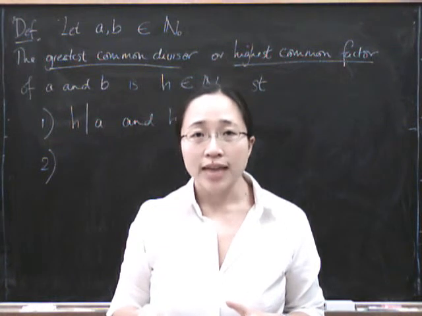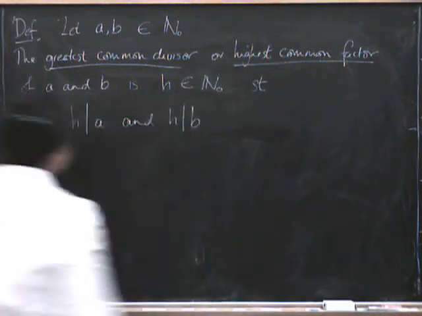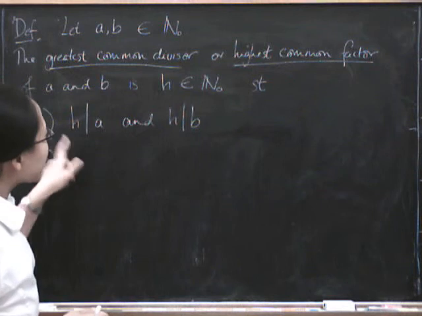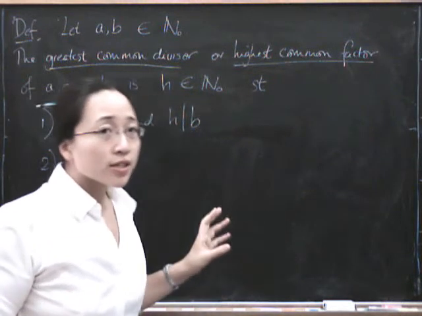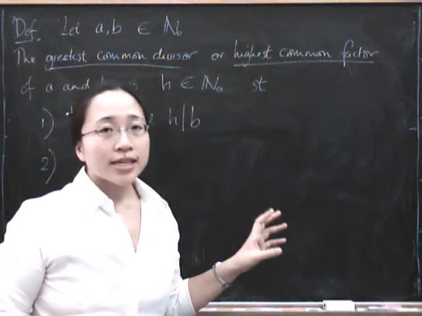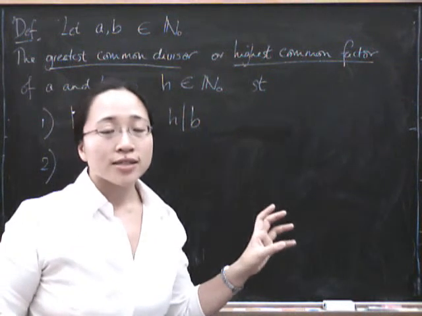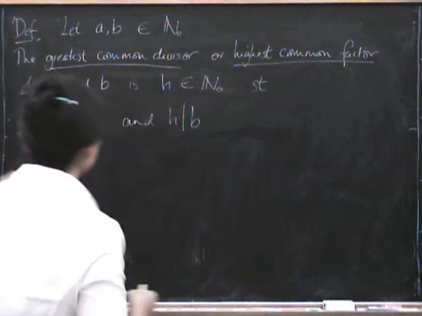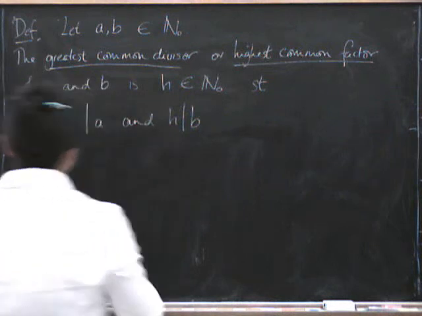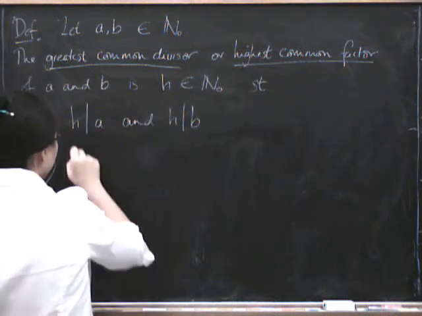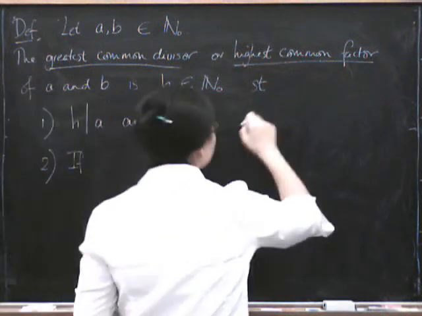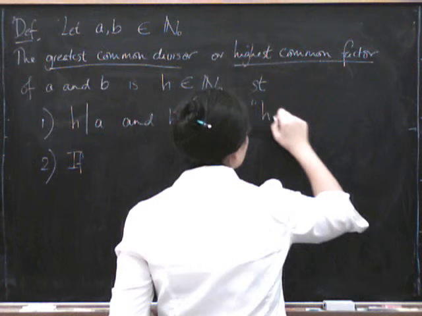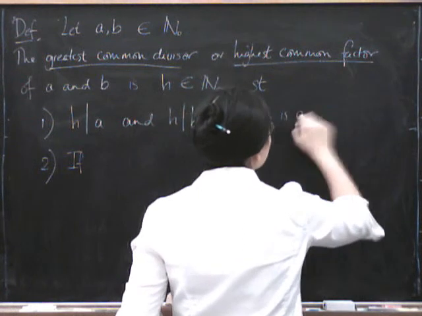You might want to say h is bigger than all the other ones, but it turns out that if h is the biggest one, it's actually going to be a multiple of all the other ones.